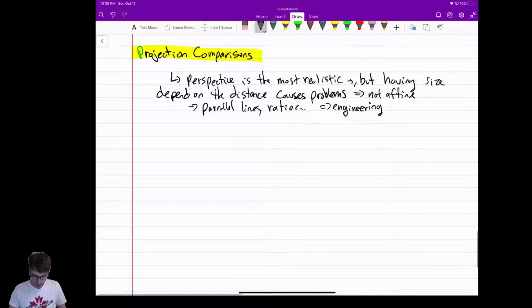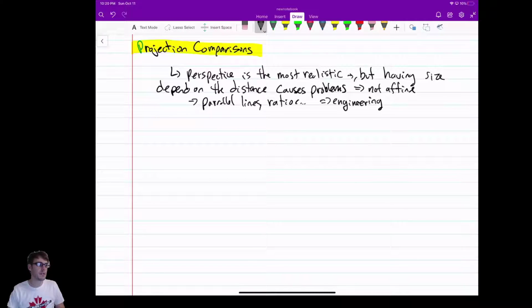Okay, so orthographic, of course, is nice because you don't have those problems. I'll show you a slide in a second, but it maintains things very nicely, so you can use it for engineering, architecture and design. But we also have a few others I want to briefly talk about. We won't go into these deeply, but you need to know about them.